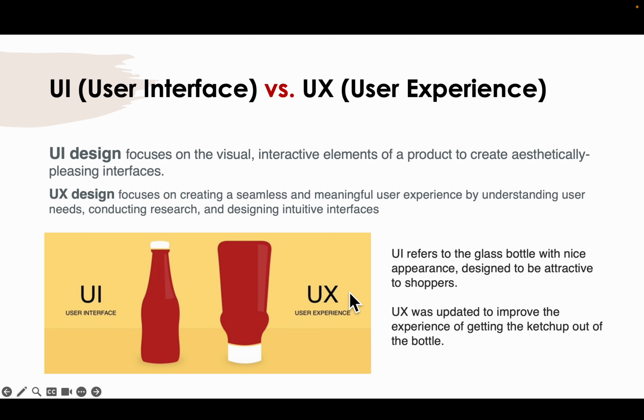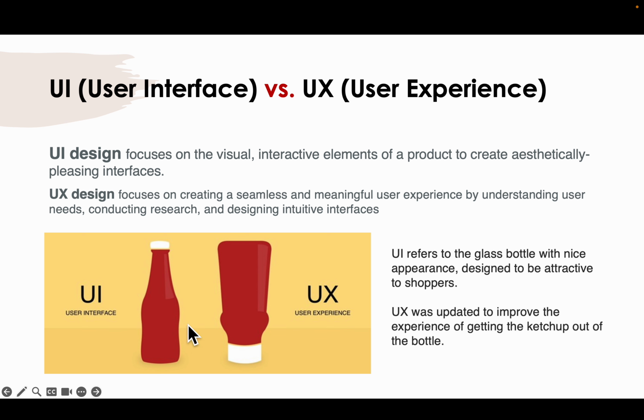Let's take the ketchup bottle as an example again. UX would consider how easy it is to open the bottle and how smoothly the ketchup comes out. Usually, a squeeze bottle could improve the user experience of getting the ketchup out of the bottle, right? So the squeeze bottle works better than a glass bottle.